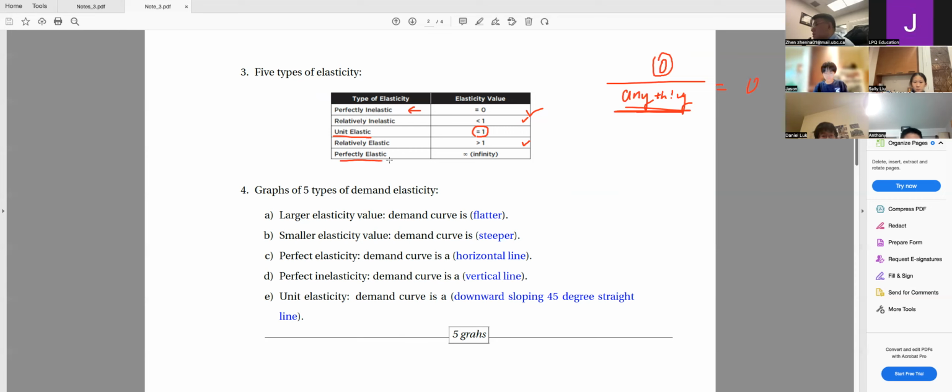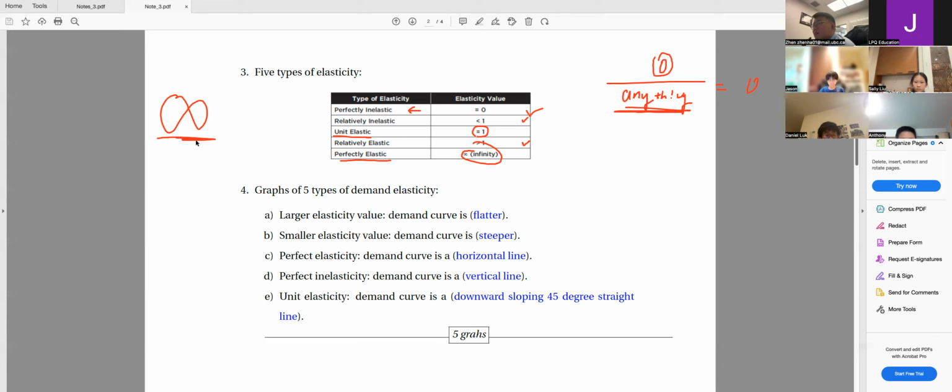Okay, last one, elasticity value. The elasticity coefficient can be infinity. Infinity means a very, very, very big number. This symbol here is just a mathematical symbol, you will learn this in the future if you take a calculus class.